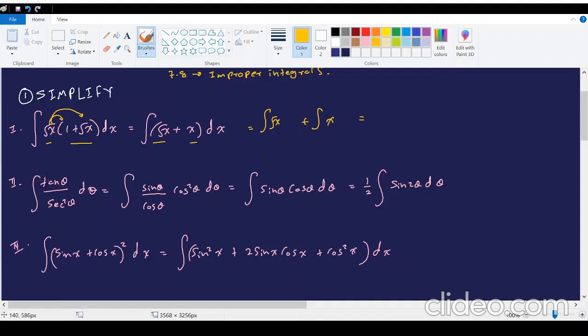And how about this one? If we consider this as a division, we will not have any clue on how to find the integral.